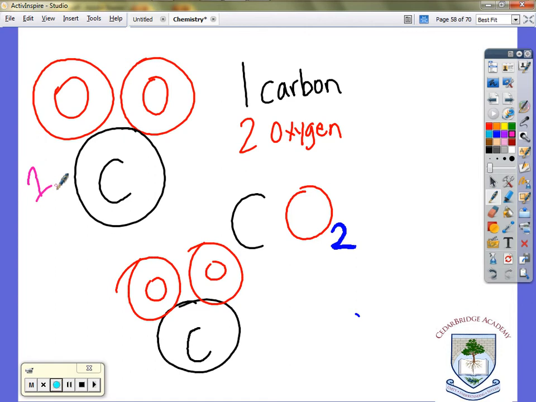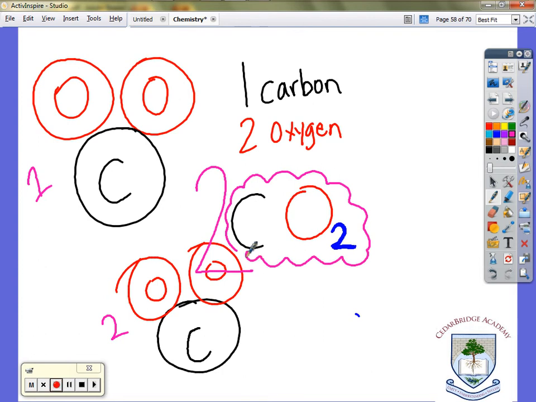And what we do in chemistry is we use big numbers in front: 2 carbon dioxides. And what this 2 does is double whatever it's in front of. 2 carbon dioxides. Okay?